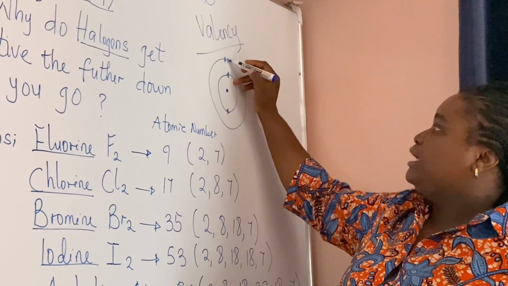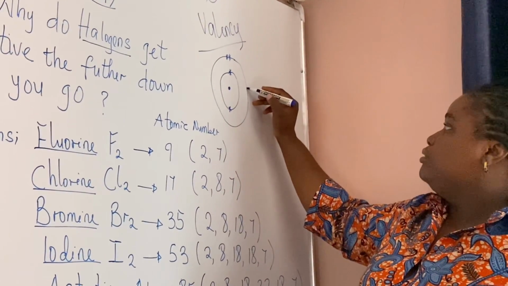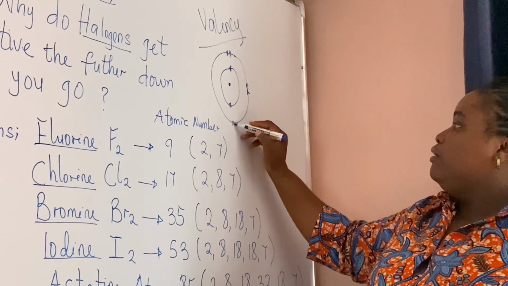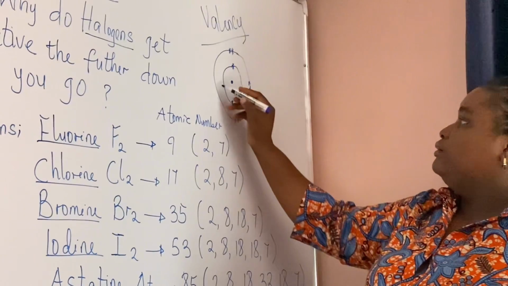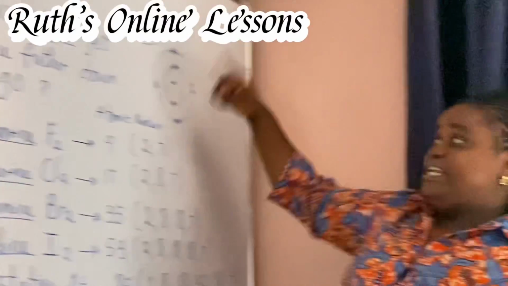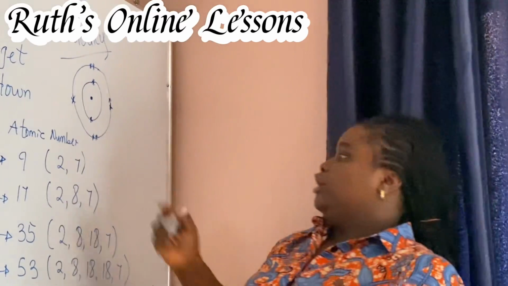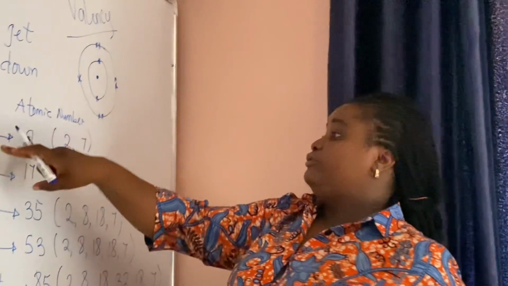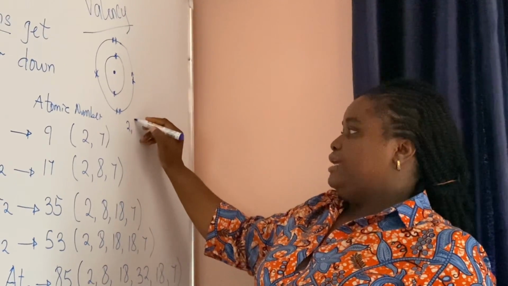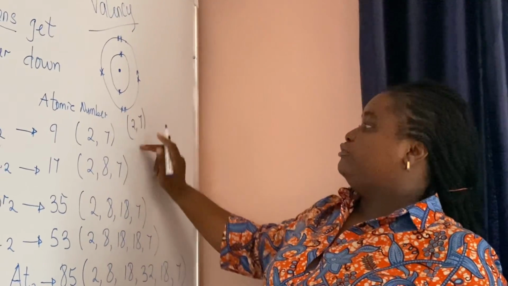The electrons are arranged in pairs. This is 2, this is 4, this is 6, and this is 7. So this is showing the valency of 7.